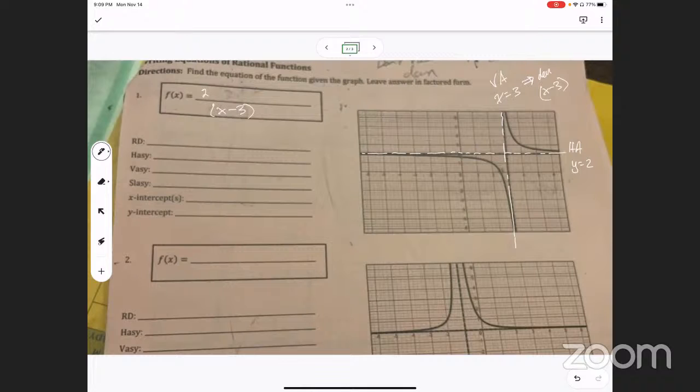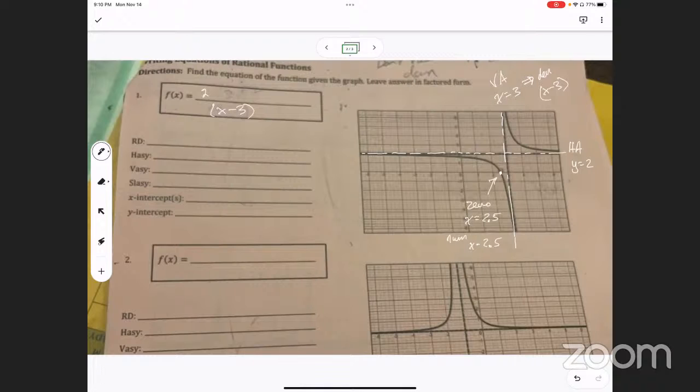So here's your 0. Can you tell exactly where that's at? Is that 2.5? Yeah, it's 2.5. So your 0 at x equals 2.5 means that in the numerator you have x minus 2.5. But you want to clear that fraction.